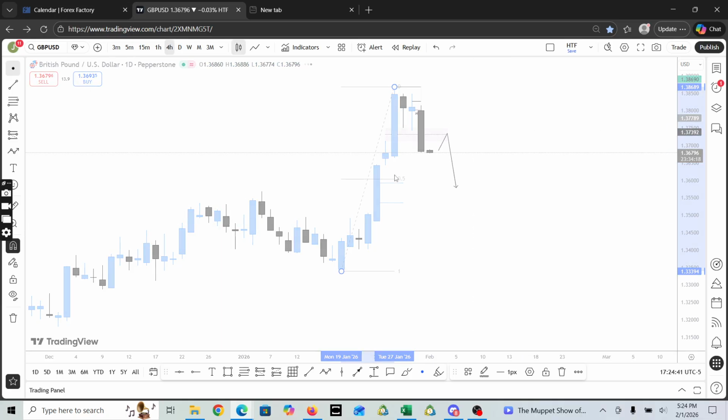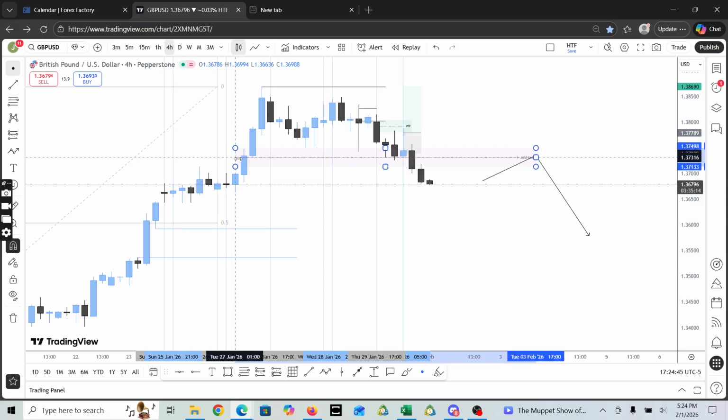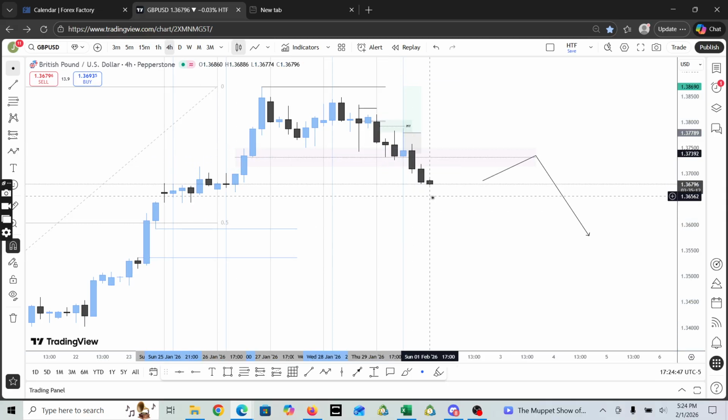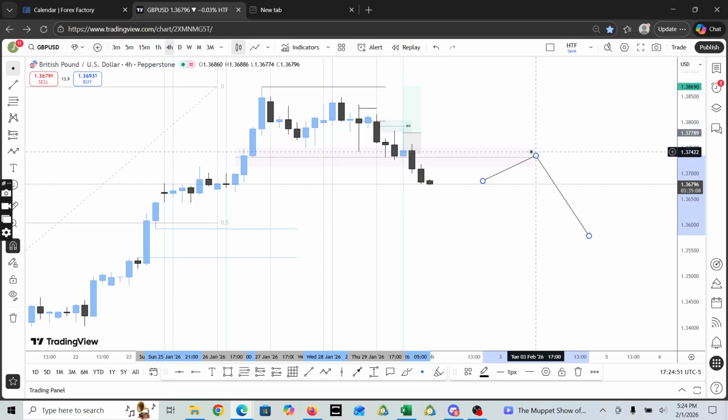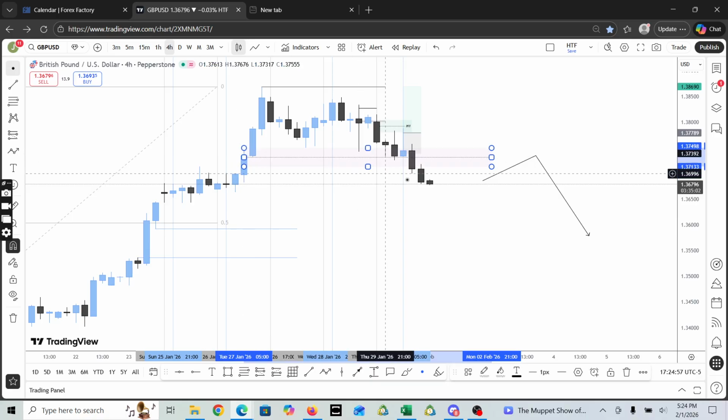Let's see for the H4 what we have. Yes, on the H4, we do have everything pointing down. So perhaps we'll be watching how price does once we trade to the inefficiency level, right?